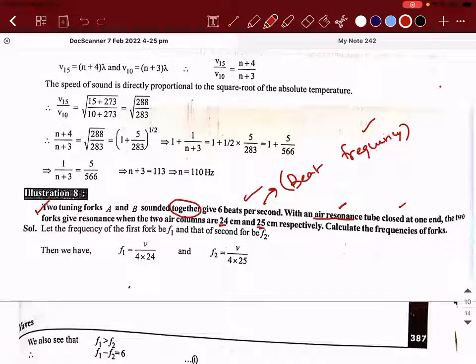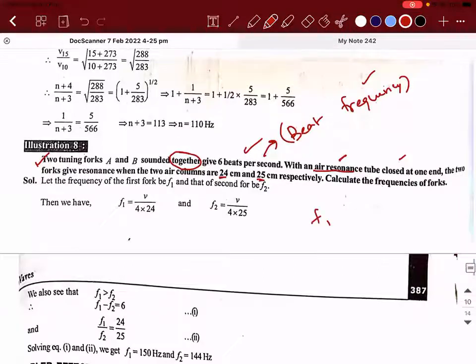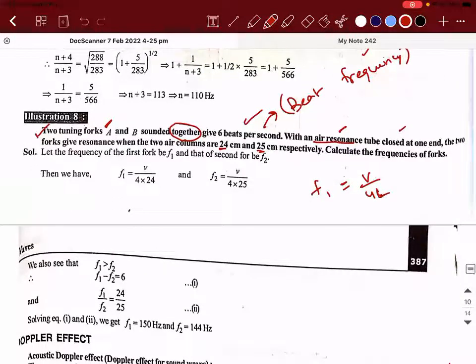So if I calculate the frequency of the tuning fork A, that comes out to be how much? It is V divided by 4L. Right. So F1 will be equal to V, which is how much? Did they give it?